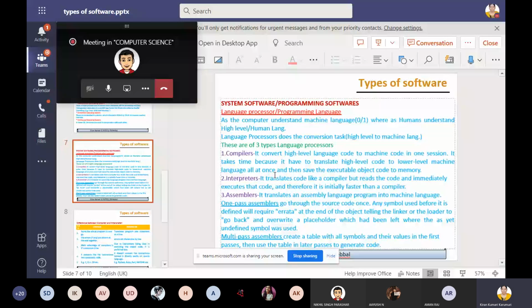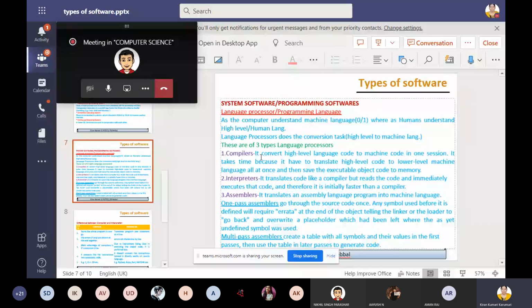Similarly, in our languages too, whatever languages we are using now, they are all similar to English. They are all high level languages. So in these high level languages, again going to assembler, again translating the entire high level language to zeros and ones need not be.